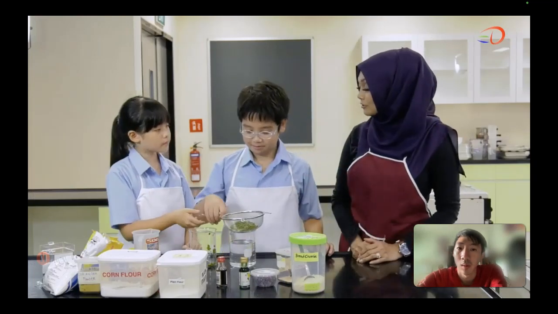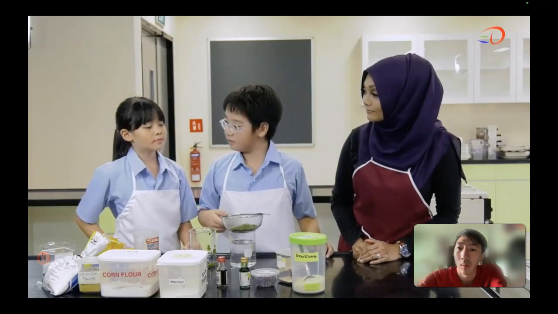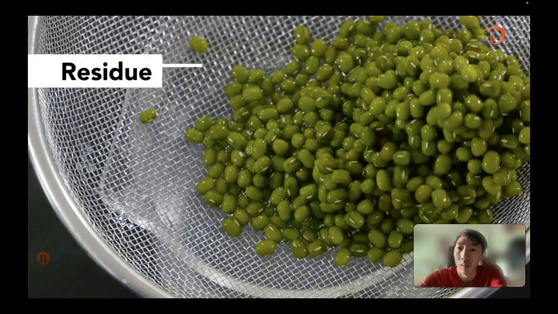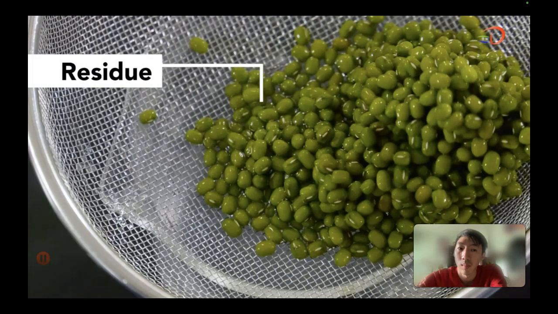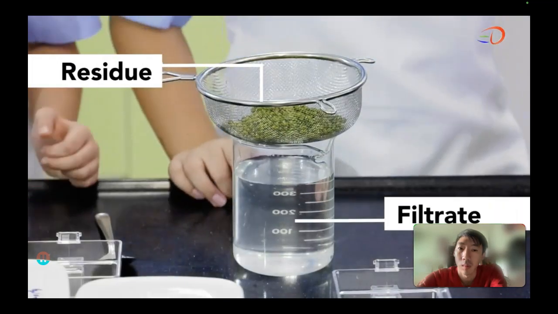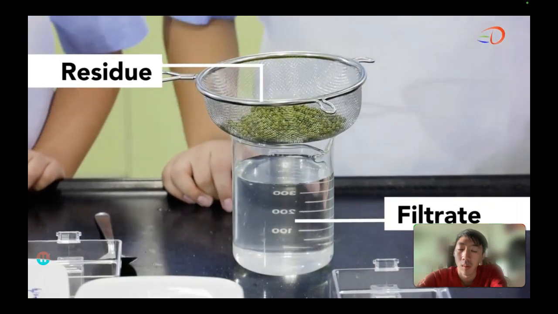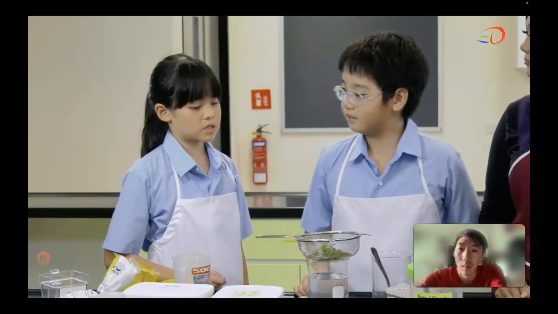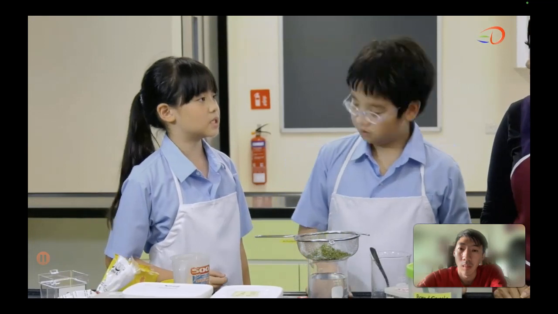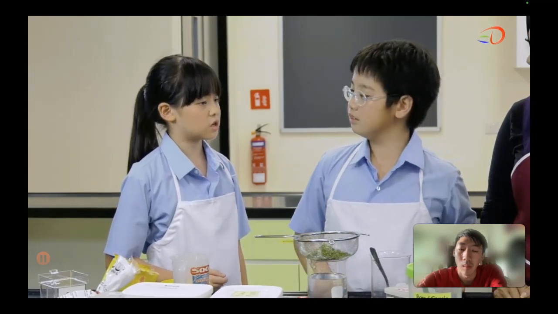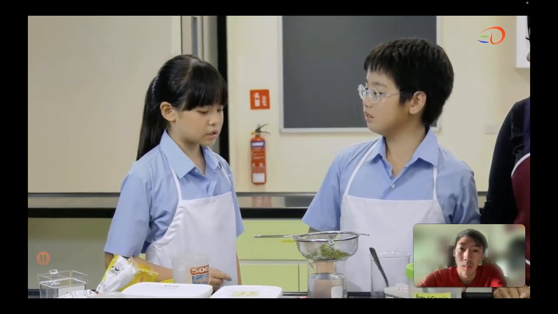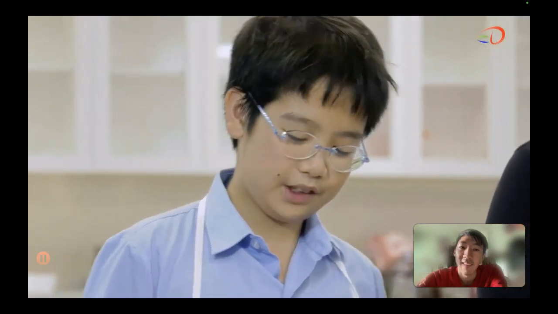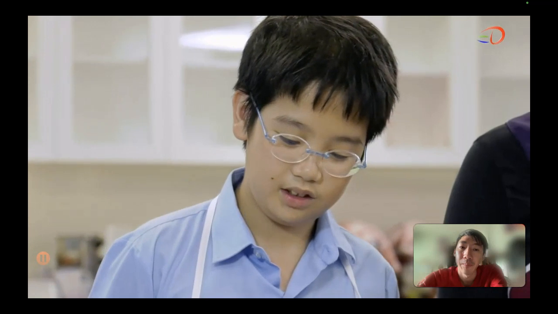So now what do you call the beans from the filtration process? The residue. And the salt solution will be the filtrate. That's right. We managed to separate our salt and beans mixture using filtration. But our salt is still in the solution.